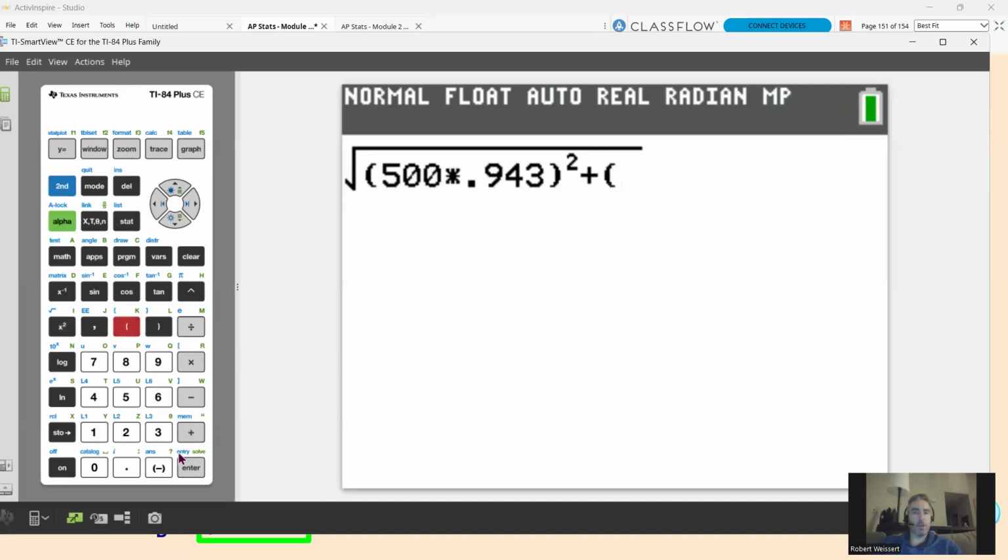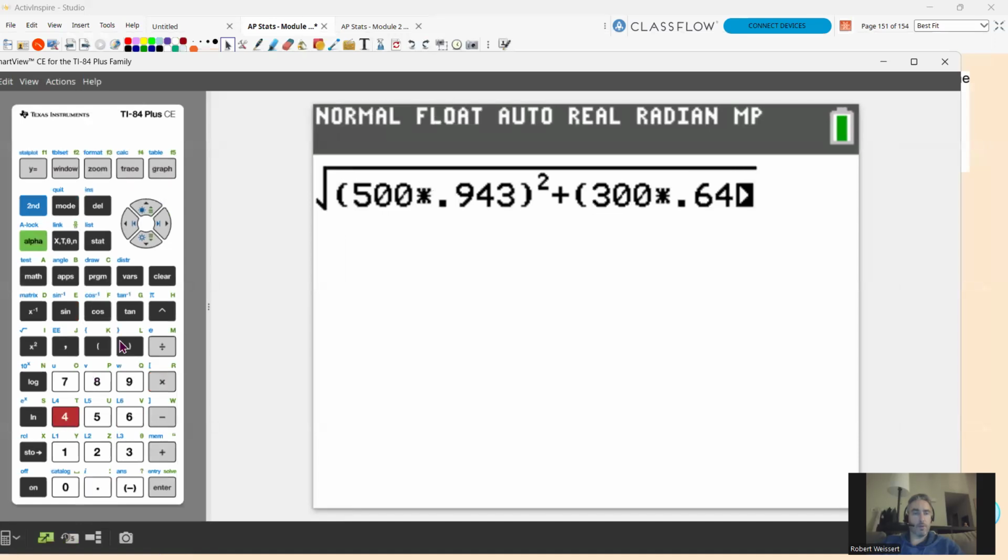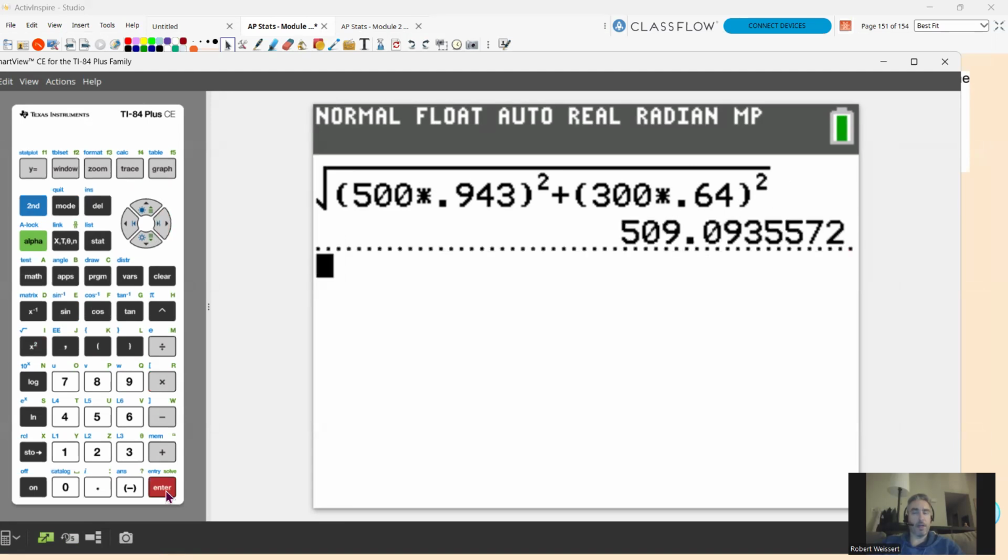And then the other one was 300 times 0.64. You're going to close it up, and then you're going to hit squared. Doing it like that will give you the right answer. There's your $509.09.